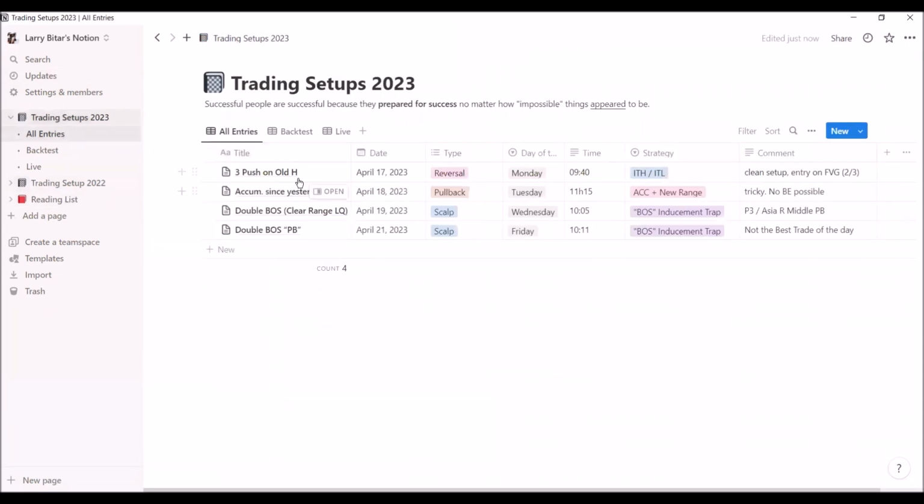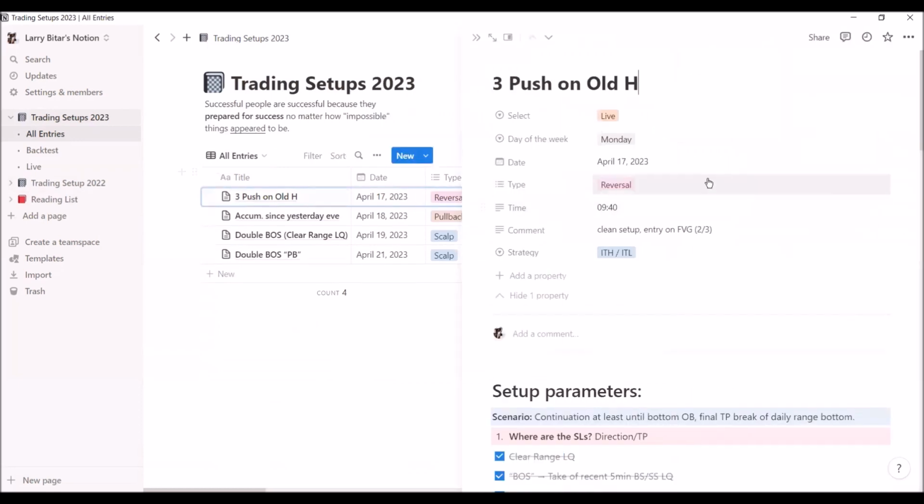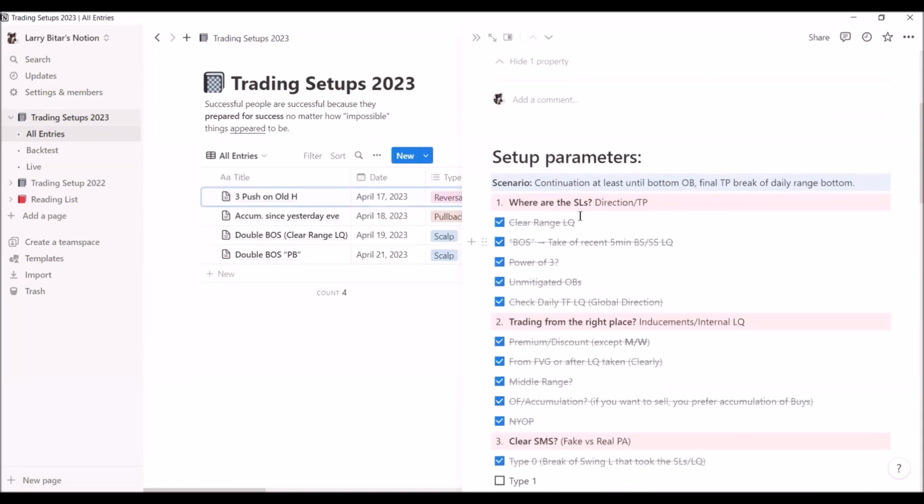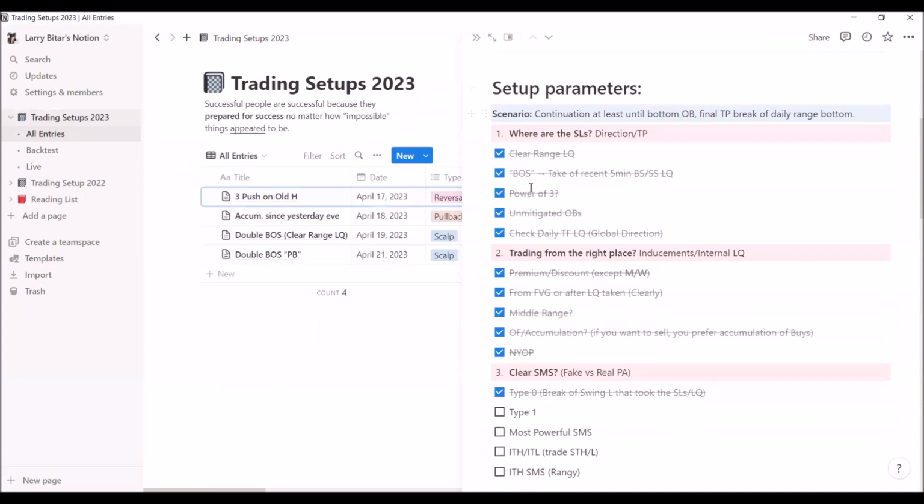I find it very good to record your setups. The first work is going to be huge because you have to define the table and type everything you want to put in the template. But then you just have to do this once.